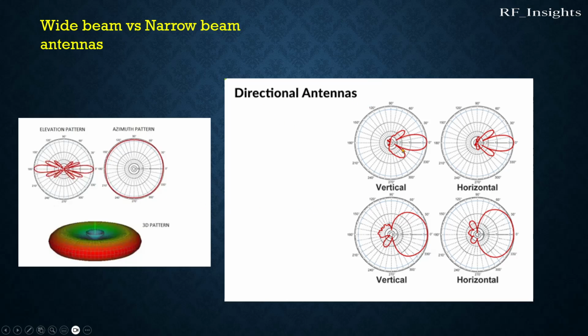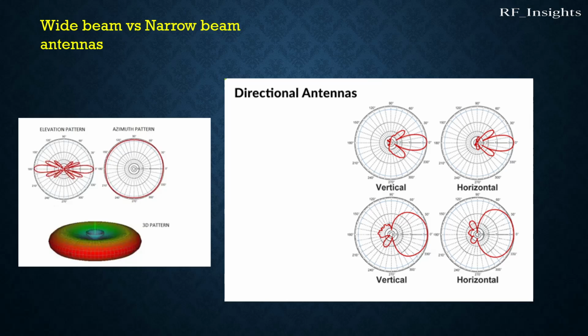Directional antennas tend to direct energy in specific directions. The higher the gain of the antenna, the narrower the beam is going to be, and those antennas are mostly suitable for point-to-point links, like microwave links. They can have beam widths as low as 0.1 degrees and high gains.